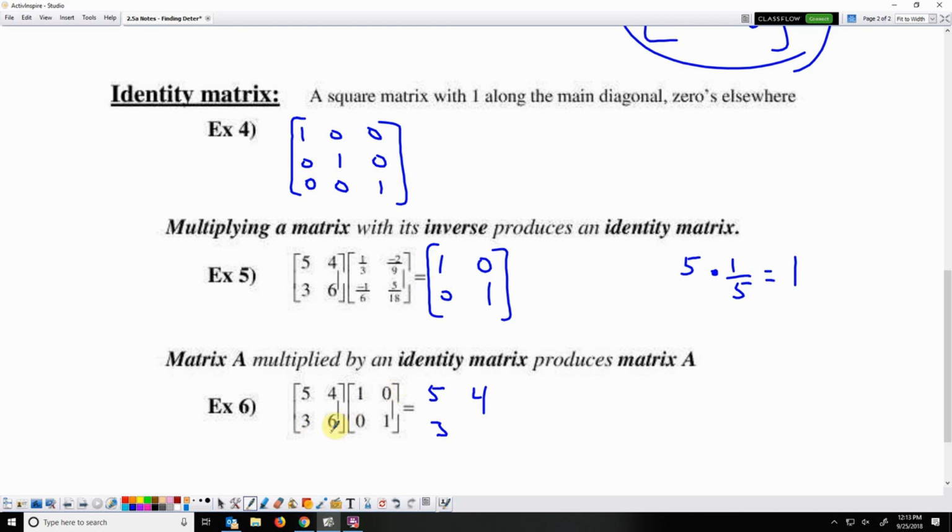And 3 times 0 plus 6 times 1 is 6. So multiplying a matrix by an identity matrix is the same as multiplying a number by 1. 5 times 1 is 5. Okay, so when you multiply any number by 1, you get that same number. When you multiply a matrix by an identity matrix, it's essentially multiplying by 1. You get the same matrix.